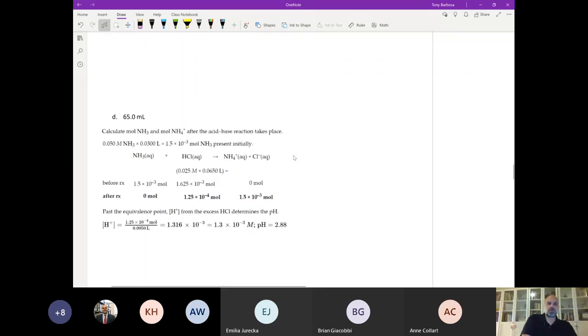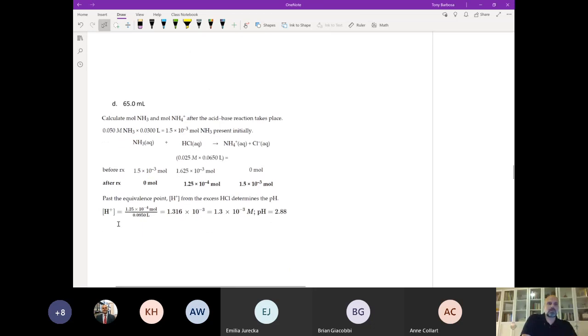Whereas if we come here and we calculate when we have extra protons, right, we have our number of moles divided by the total volume. Again, the total volume is a little different here. Right, we have our 30 milliliters plus our 65 milliliters gives us our 95 milliliters total. So you can see now we end up with 1.3 times 10 to the minus 3 molar, right?